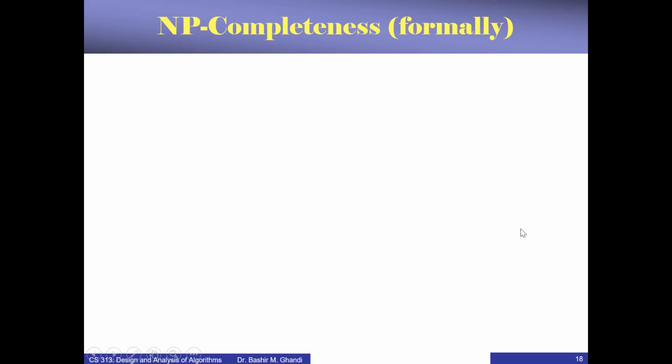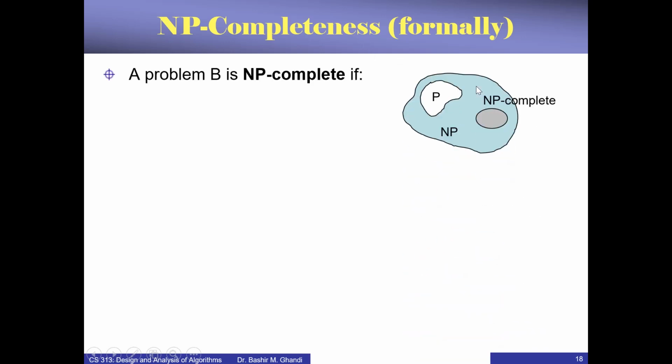Okay, good. So with this idea, we can now define what NP-completeness is formally. A problem B is said to be NP-complete if, 1, the problem belongs to NP.